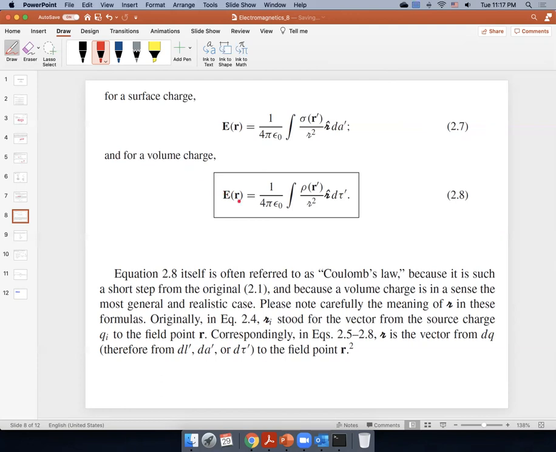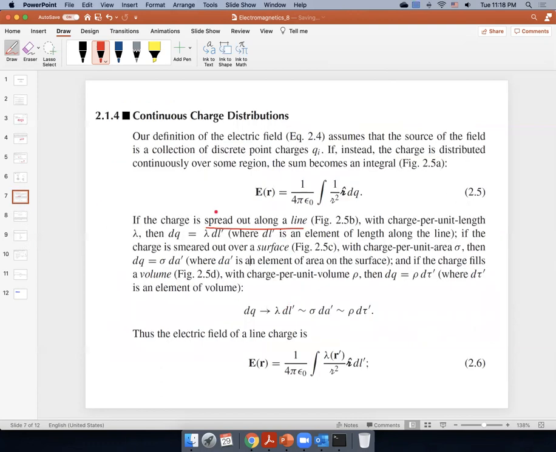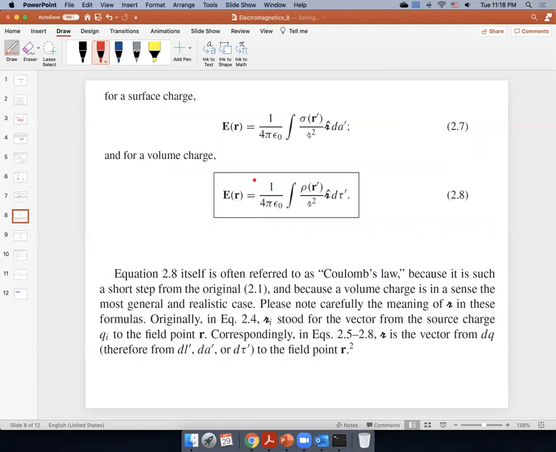And for volume charge, it becomes rho, the volume density of charge, times dt prime, the infinitesimal volume. So those are the ways of calculating continuous charge distributions for line, surface, and volume distributions.